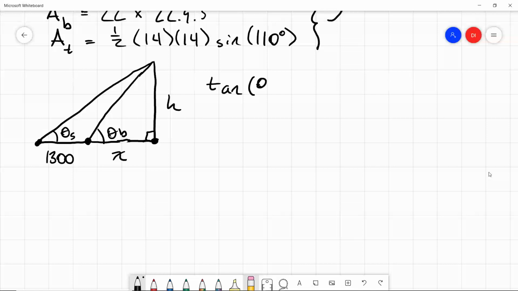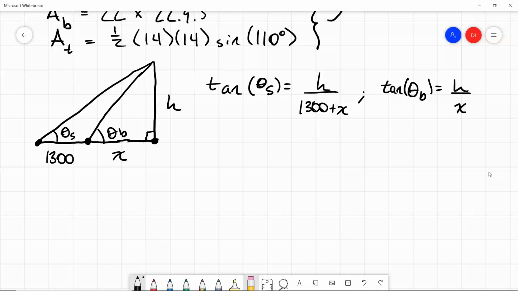So we have tan theta s is equal to h over 1300 plus x. And when we do the same thing for the bigger angle, we're going to end up with tan of this bigger angle, theta b, is equal to h over x, since now its adjacent side is just x. Right.